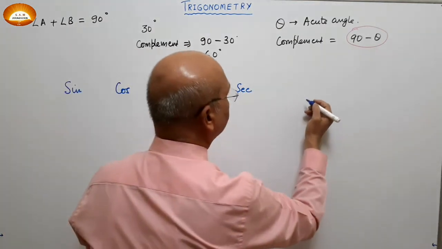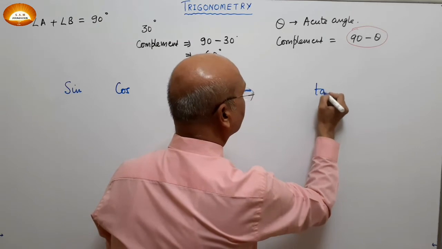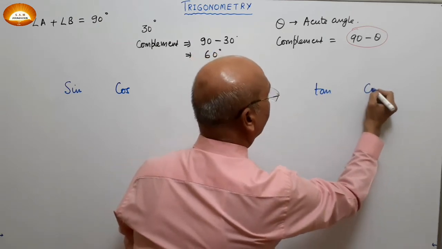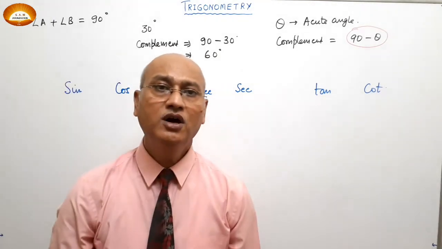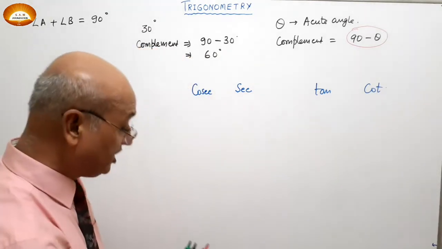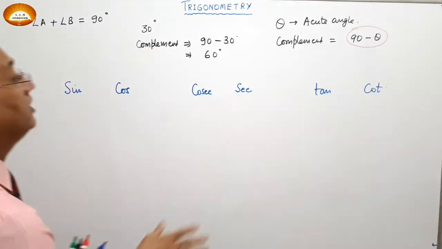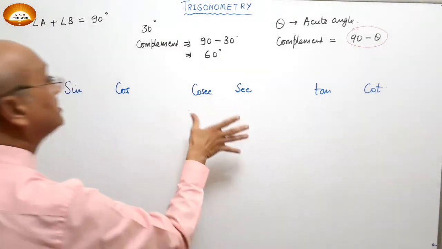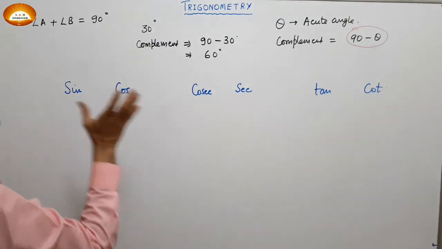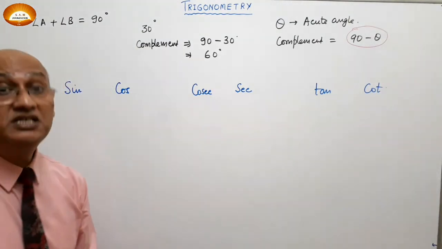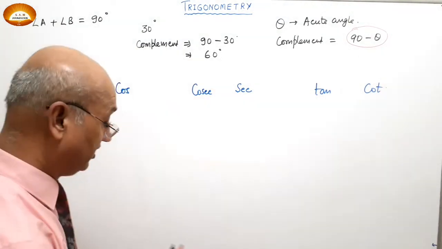And third combination is tan and cot. See, these combinations you have to remember. Now how it changes, that we are going to study now. When you associate this complement to these trigonometric ratios, what changes occur, that we are going to study.